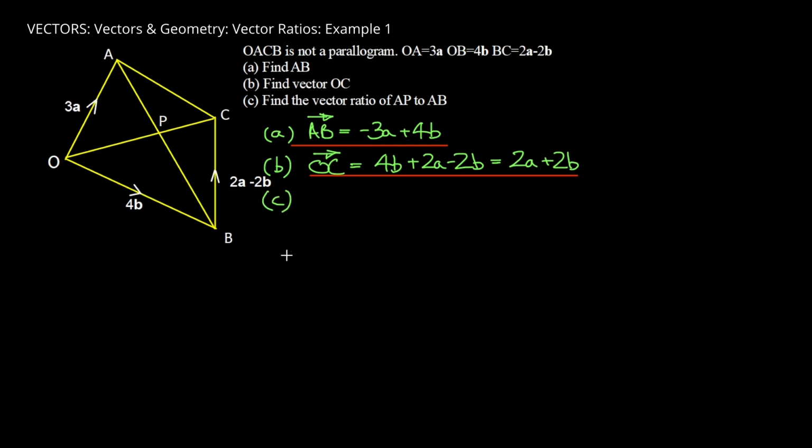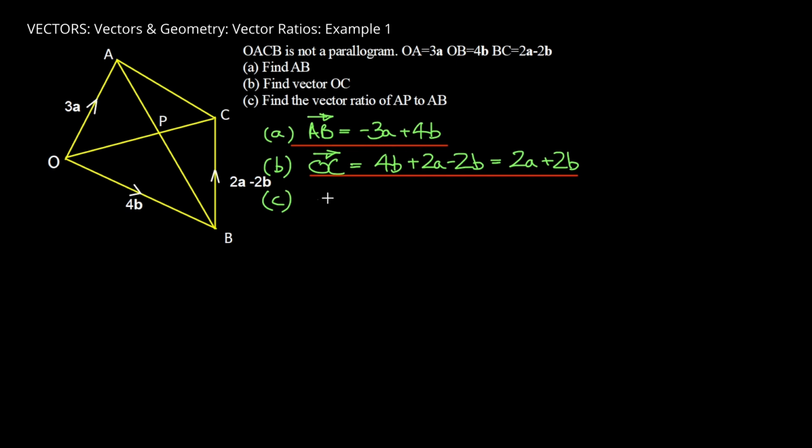So let's now have a look at part C. We've got to find the vector ratio of AP to the complete line AB. Now we know AB because we've worked it out in part A. So AP must be some sort of proportion of AB.